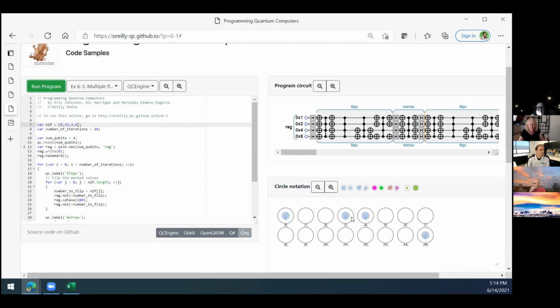We see that it only has the 4 ones that we actually wanted, right? So in previous cases, we were not so lucky. Everything still has a bit of magnitude, but once you get to 4 marked items, then you have a 100% chance of hitting one of the 4 marked items.